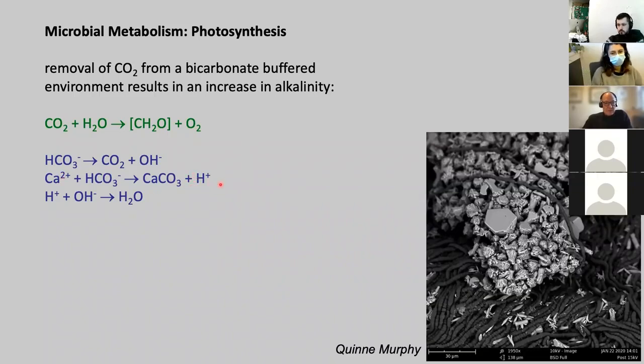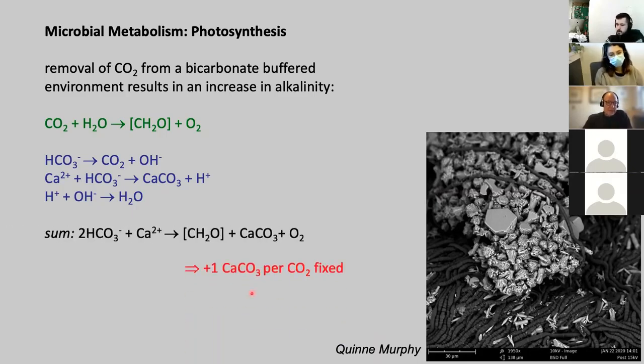But if you have a way to remove this proton, which you can do through this OH minus in this bottom reaction, then you can drive temporarily, you can go to a situation where you precipitate calcium carbonate during oxygenic photosynthesis in the light if you would isolate this process. So if you add up these reactions, you see that you have two bicarbonates of calcium to make some organic carbon, a calcium carbonate and oxygen. In other words, you produce one calcium carbonate per CO2 that you fix.